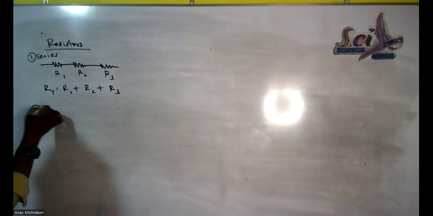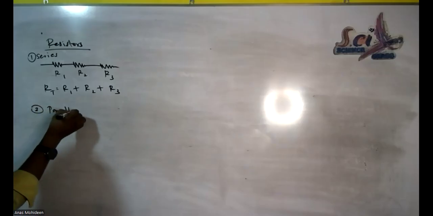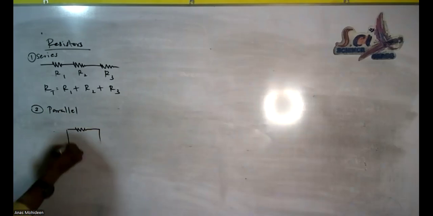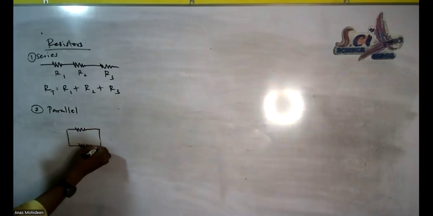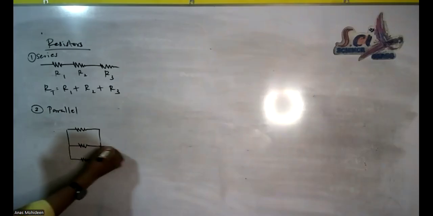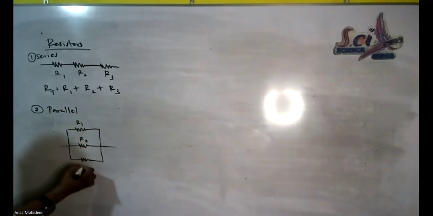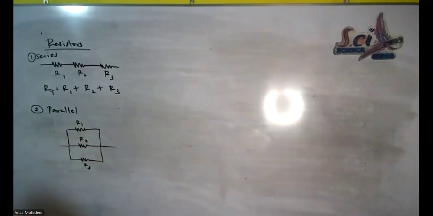And let's say it is connected in parallel, something like this. Same three values are taken, R1, R2, R3. How do you find out the total resistance? We have to take the reciprocal of the total.